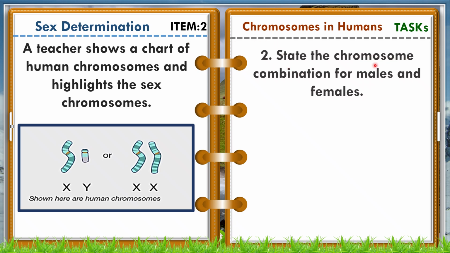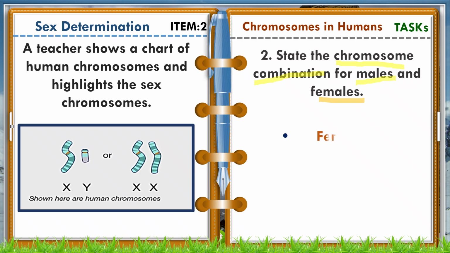State the chromosome combination for males and females. For the female, the combination is XX, and for the male, it is XY.